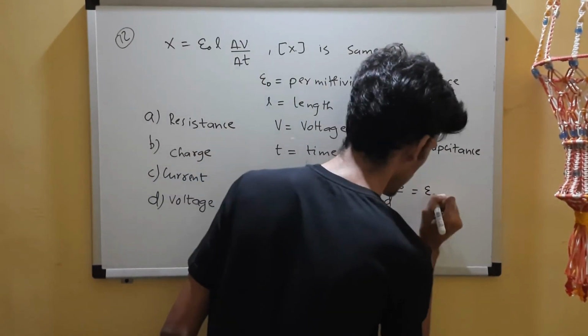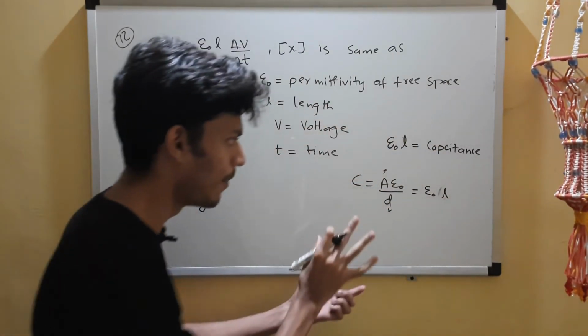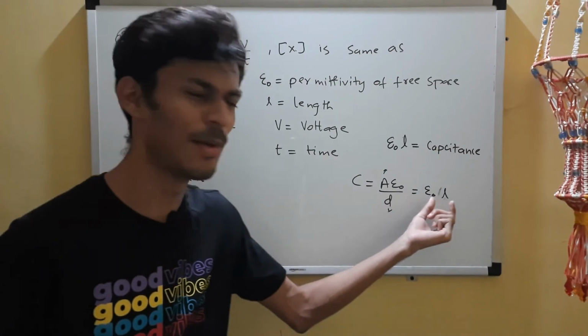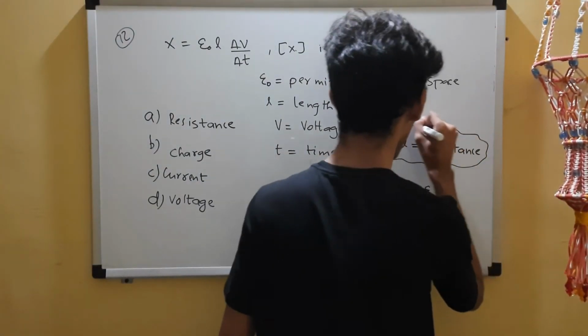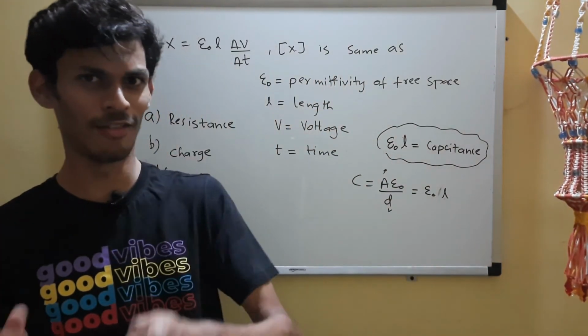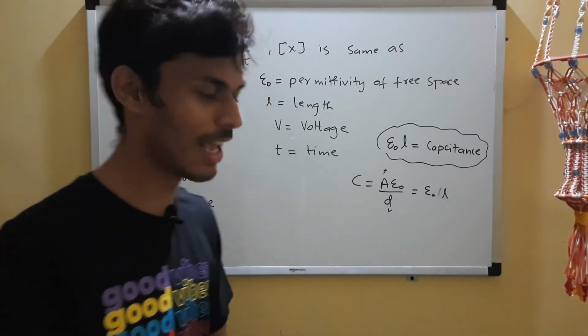So you can basically see epsilon naught into meter, epsilon naught into length. Dimensionally, capacitance is the same as epsilon naught into L. Now this is the hack. If you are noting down whatever I'm saying today, mention this separately. This might help you someday.